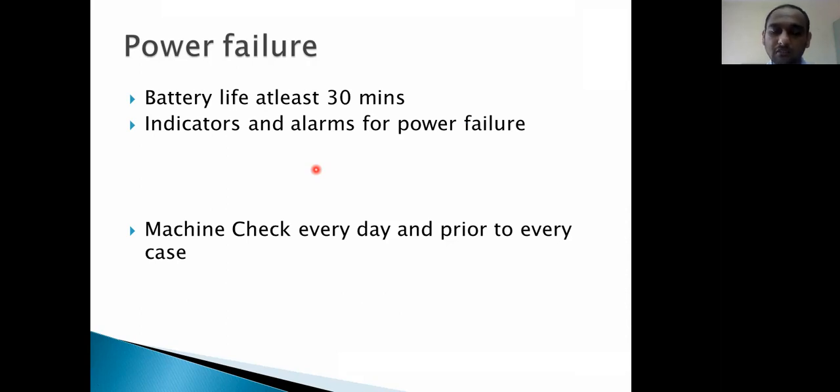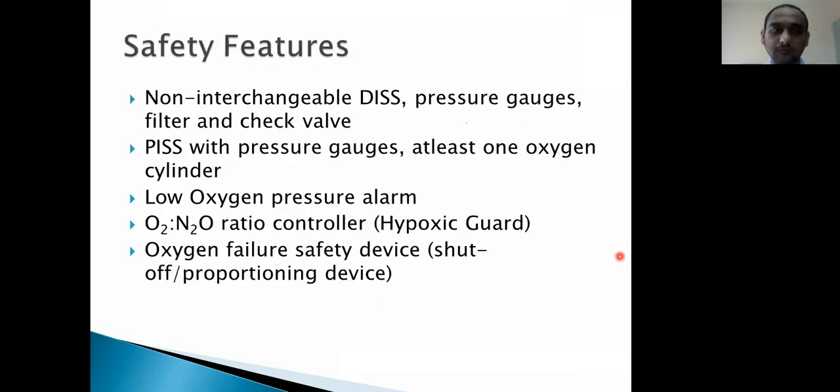Prior to every new case, we check all the basic components, and at the beginning of the day the entire machine, A to Z, is checked, so that no unexpected failures occur, and if there are any deficiencies we can correct them prior to taking the patient in for providing anesthesia.